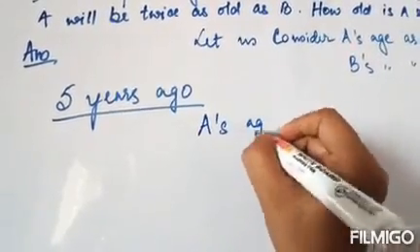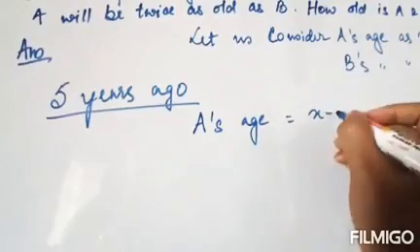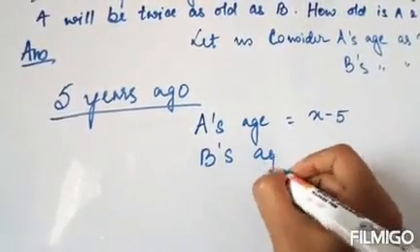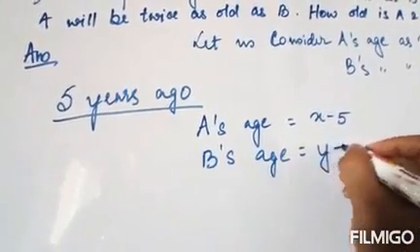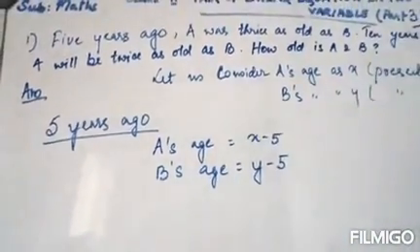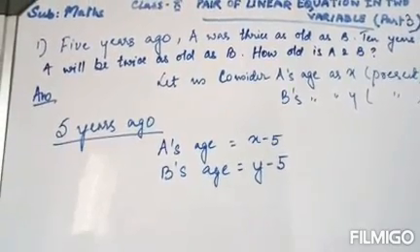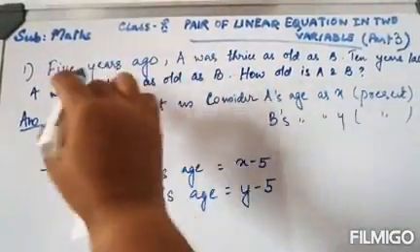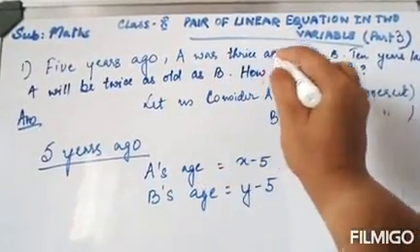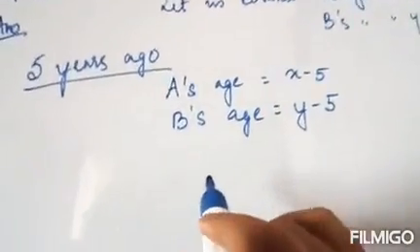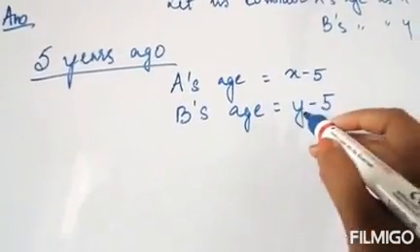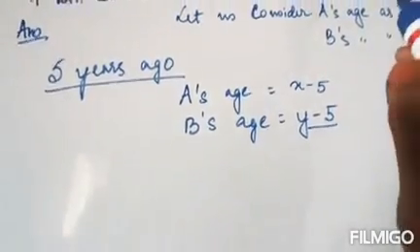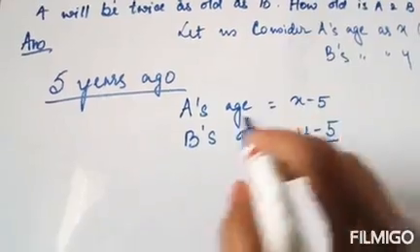A's age will be X minus 5 and B's age similarly Y minus 5. Correct? And what was told? That 5 years ago A was thrice as old as B. Whatever was B's age, A was into 3, thrice means into 3.